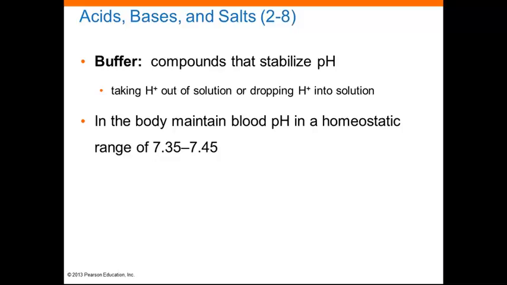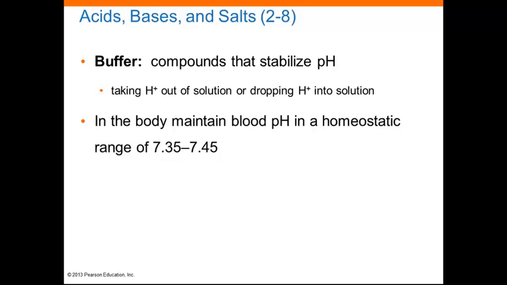Buffers are compounds that can stabilize the pH by either soaking up hydrogen ions or releasing them, depending on whether you need the pH to go up or down. That ideal range for homeostasis is 7.35 to 7.45 for the blood.